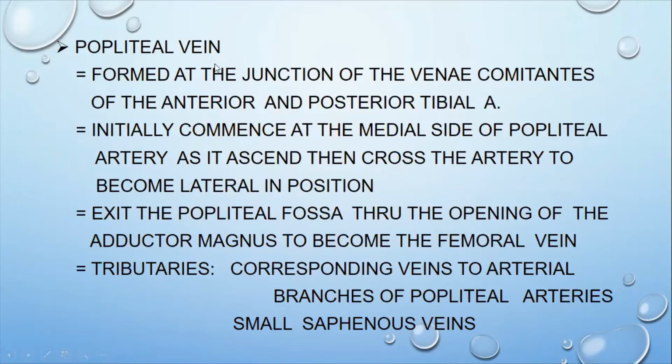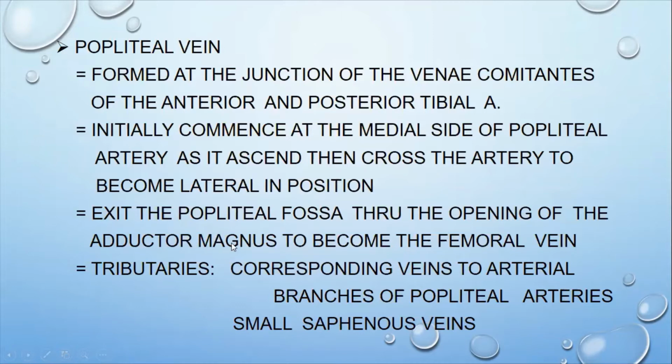So the popliteal vein in its course upward will not stay forever medial to the popliteal artery. It will cross so that before it goes out of the popliteal fossa, it will now be lateral to the popliteal artery. This will exit the popliteal fossa through the opening of the adductor magnus muscle.